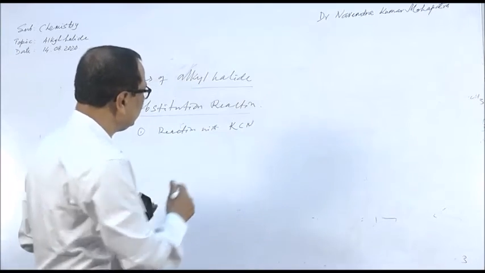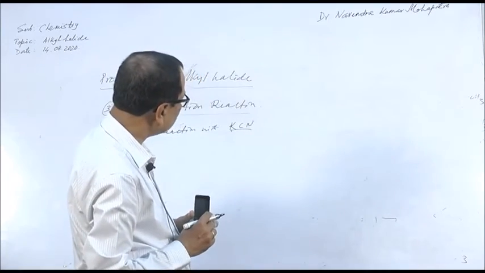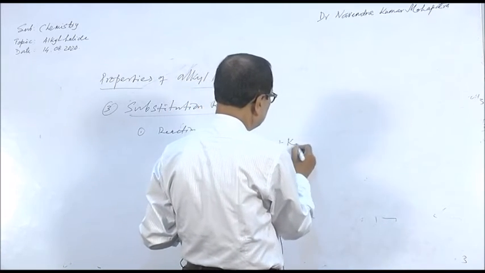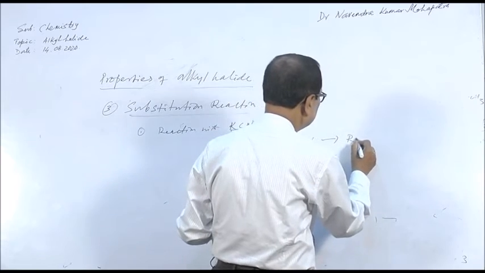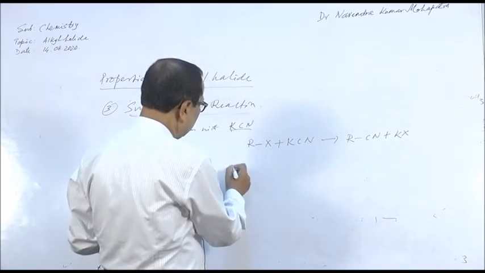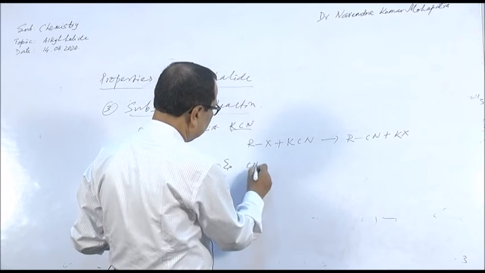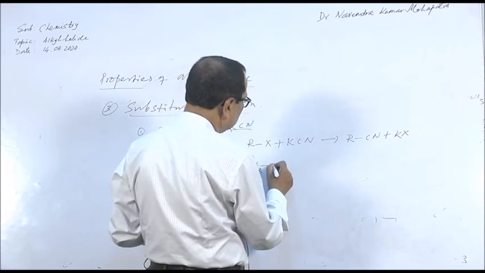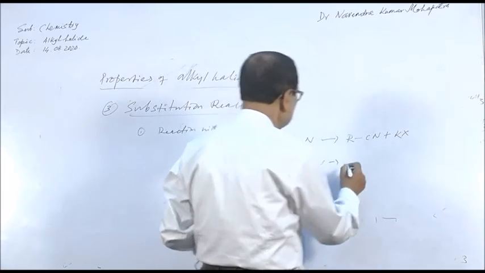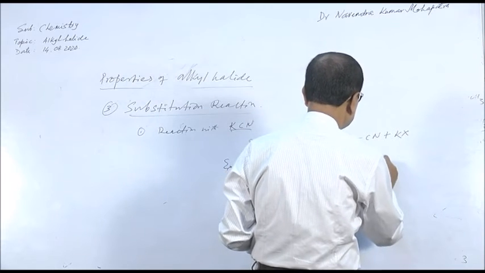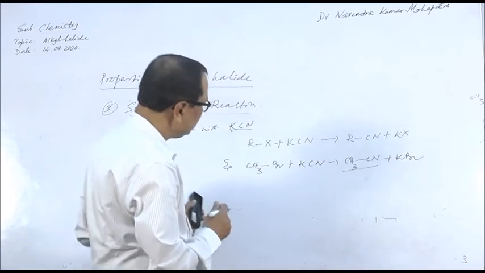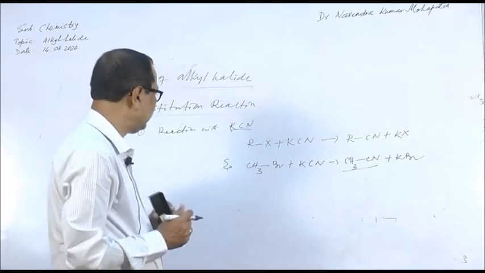Alkyl halide reacts with potassium cyanide to give the corresponding alkyl cyanide, RX plus KCN gives RCN plus KX, alkyl cyanide. For example, CH3Br plus potassium cyanide gives CH3CN plus KBr. So here the cyanide group is substituting the bromine atom, that is a substitution reaction.